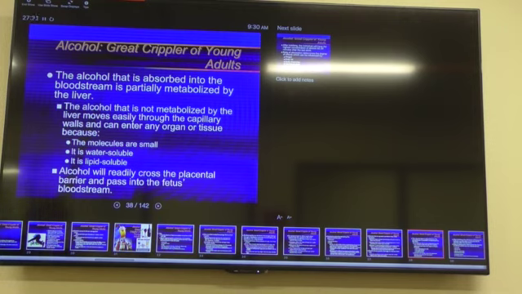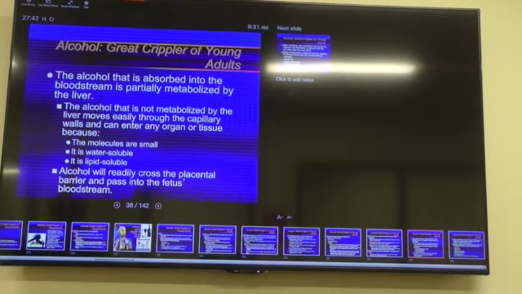The alcohol that is absorbed into the bloodstream is partially metabolized by the liver. The alcohol that is not metabolized by the liver moves easily through the capillary walls and can enter any organ or tissue because the molecules are really small. It is water soluble and it's also fat soluble.